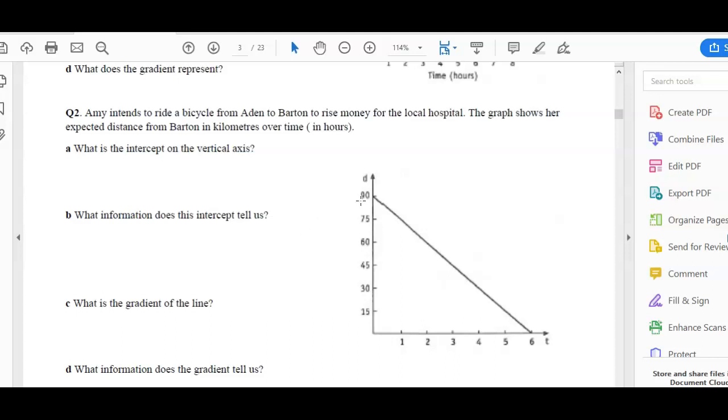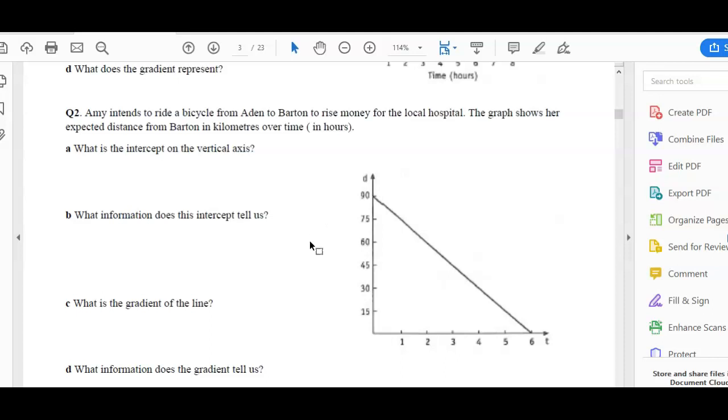The y-axis is her distance from Barton. So she's 90 kilometres from Barton. She's riding from Aden to Barton, so you can say the distance between those two towns is 90 kilometres.